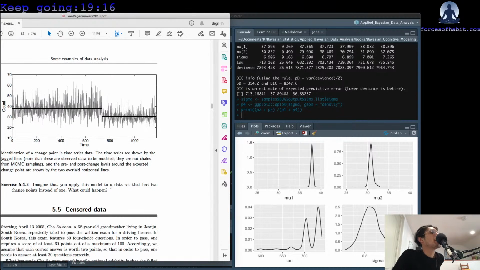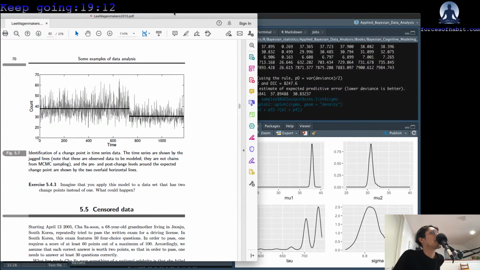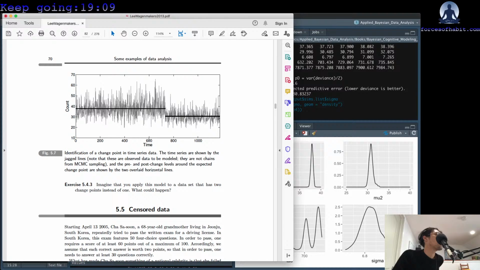Imagine that you'd apply this to a data set that has two change points. What would happen? You would have three averages. It could be the case where you move down and then all the way up and then down.